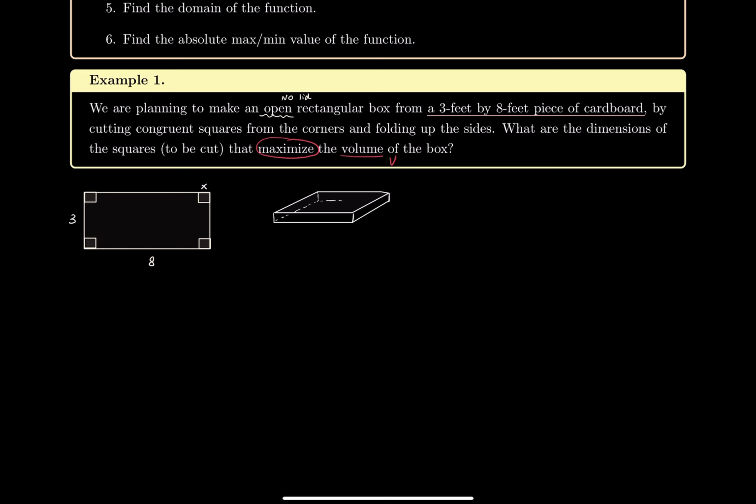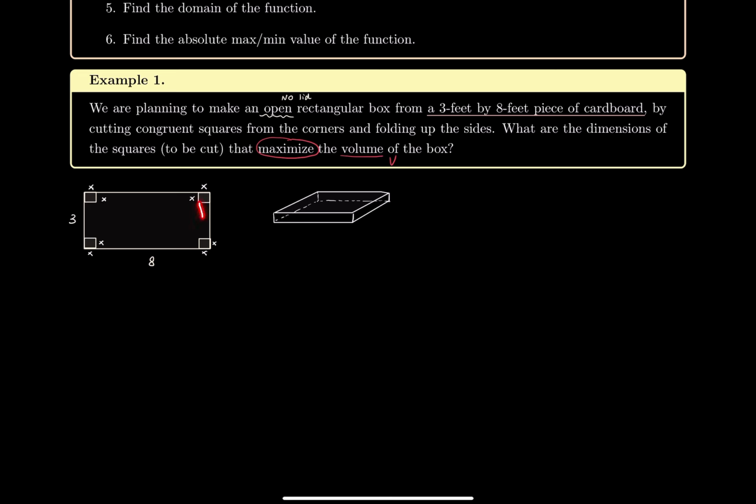I want to use dashed lines for those behind. Now I want to label this too, so I know how to calculate my volume. If I call this part x, then here should be x as well. Here should be x, here should be x, so those are all x. Now let's think about it.